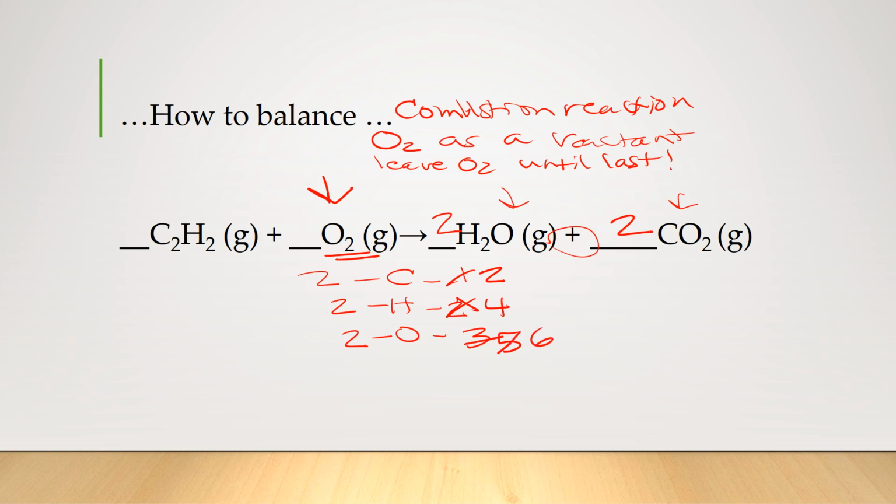Why did I do that? Because I know that I'm going to need an even number. All right, so now let's look at my list. Well, hydrogen, oh shoot, if I change this, that's going to change my carbons to 4. 2 times 2 is 4 hydrogens, so now that part balances.